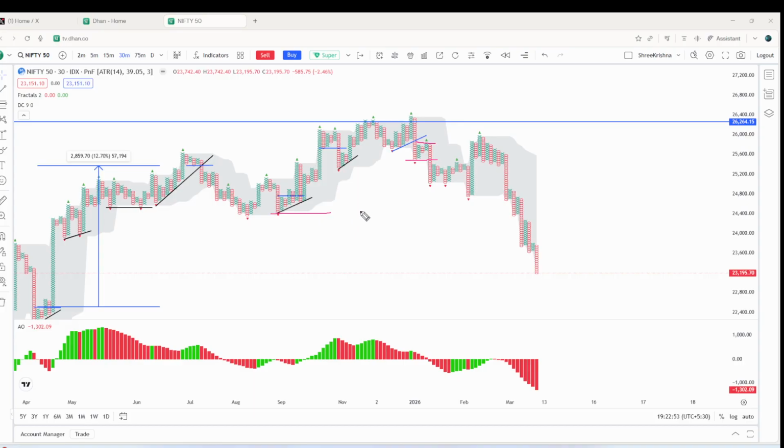It should go to this level, but in this case the trailing stop triggered over here somewhere. It came to one more low, a new low here, and then we got triggered by the trailing stop. So yes, this was a zero-sum game. That means we didn't lose, we didn't make money.